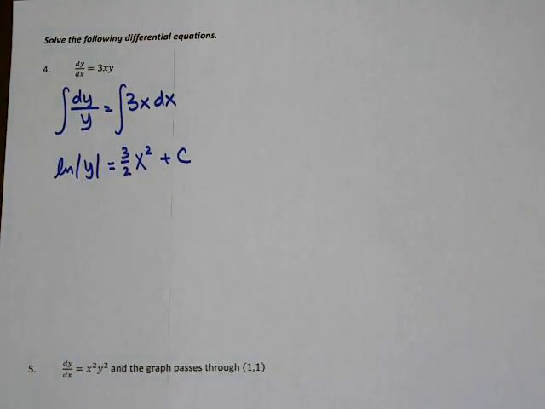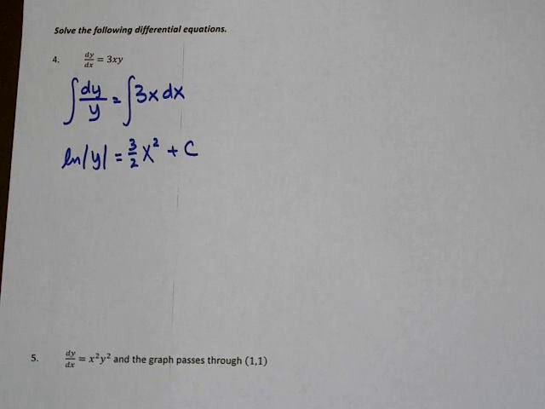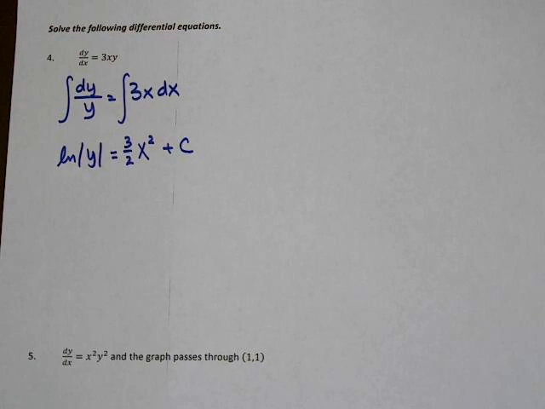But now the thing is this didn't say just to take the antiderivative. It said to solve the following differential equation, which means I need to solve for y, and we haven't done that yet. So this is what we talked a little bit about in class today. We need to remember that if we have a natural log, to undo it, we have to turn it into an exponential.